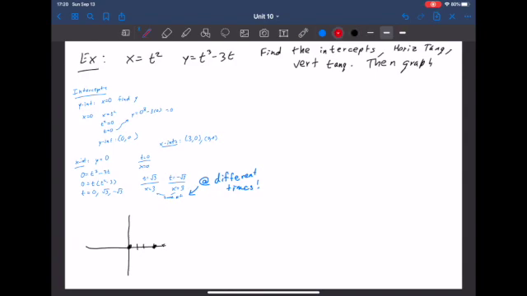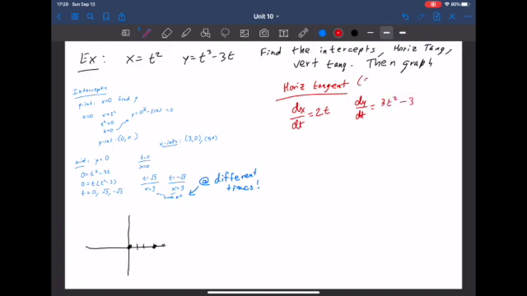All right, horizontal tangent. So anytime you're talking about slope, you are going to have to find the derivatives with respect to time of both of them individually. So let's talk about dx/dt is 2t. dy/dt equals 3t squared minus 3.